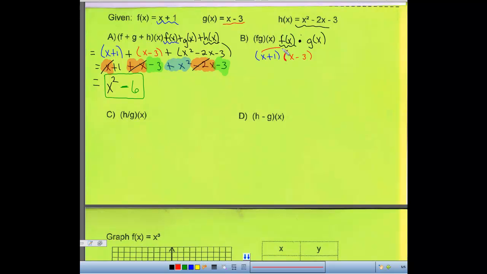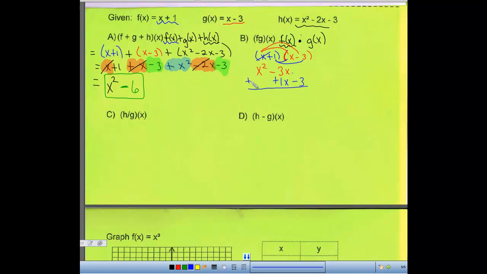The first term's x times x is x squared. Multiplying the outer terms, x times negative 3 is negative 3x. I'm finished multiplying the x to each term in the second parentheses. So now let's multiply the 1 to each term in the second parentheses. So 1 times x is 1x, and 1 times negative 3 is negative 3.